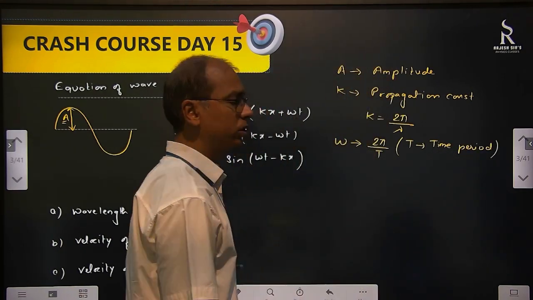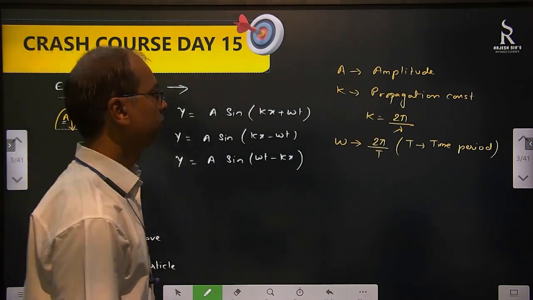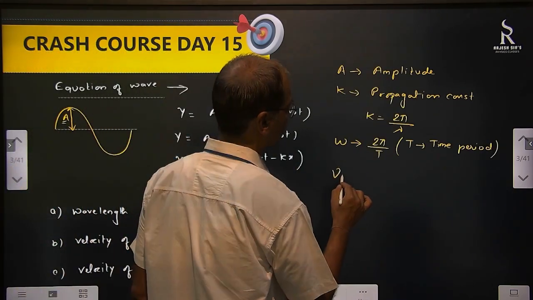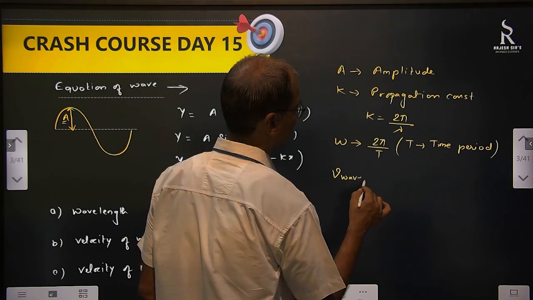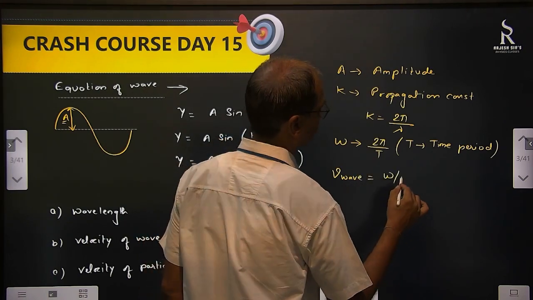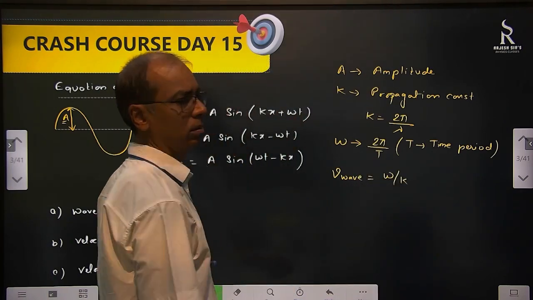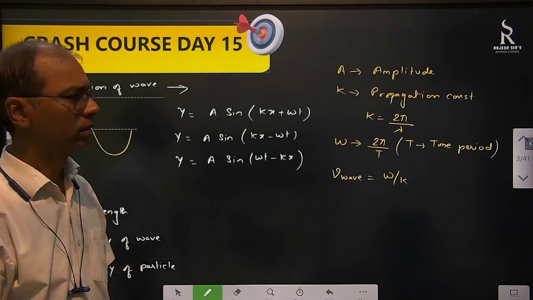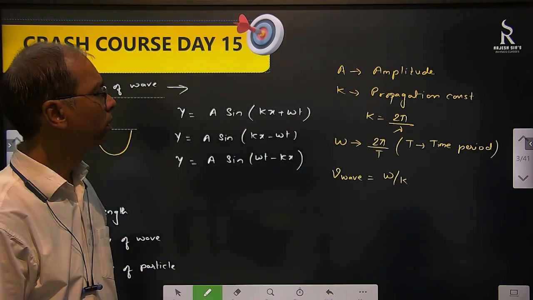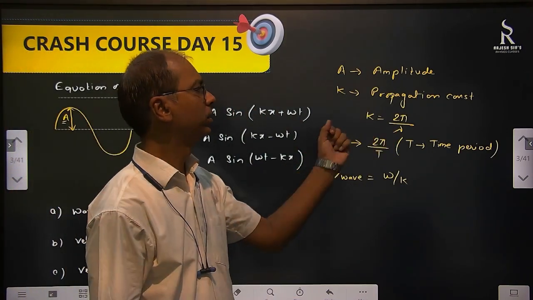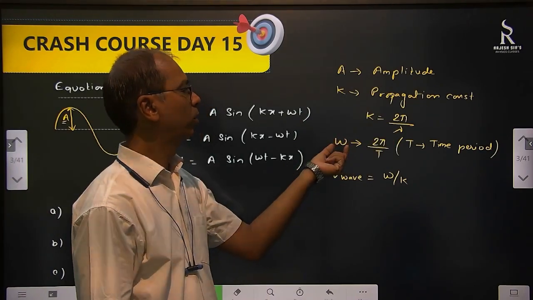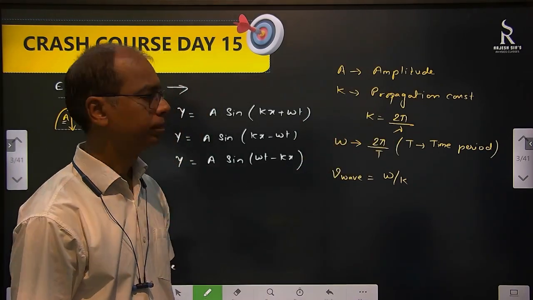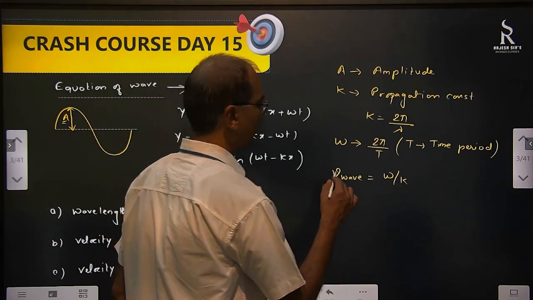Then we have the velocity of wave. Velocity of wave is omega by k, or frequency times wavelength. That is also fine, because k gives us lambda, and from omega we get frequency. So velocity of wave is omega by k.